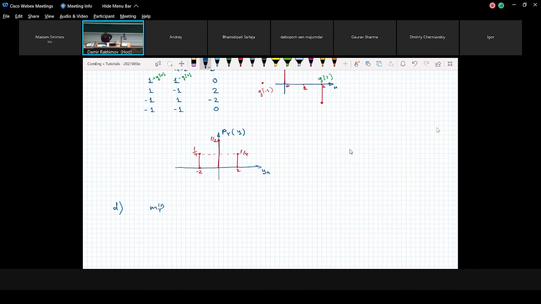Instead of the integral, you will have a summation over all possible values, and we write y squared times the probability mass function. You already know everything about the probability mass function, and you know the possible outcomes for y, which are -2 and 2. Then we can just substitute everything we know.